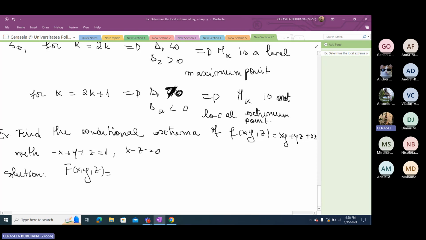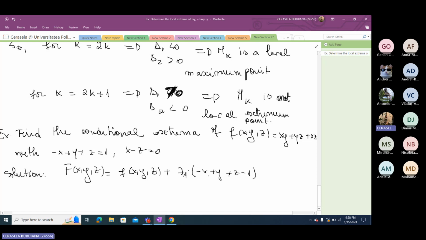So also it's something new from what we worked at this seminar. I remember that I worked only with functions in two variables. It's f of x, y, and z plus lambda 1. But how will I write here the first condition? I leave it like this or I will make a change? I put minus x plus y plus z minus 1, such that it is 0, in parentheses.